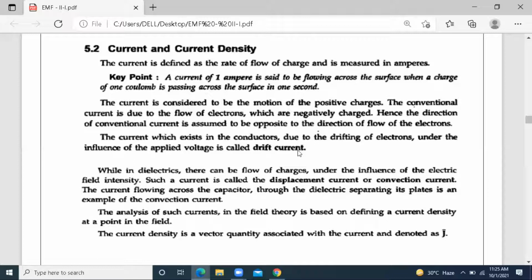Now, the electric field lines are a result of the electric field, which are electrons.